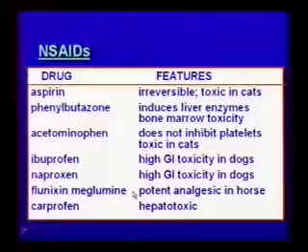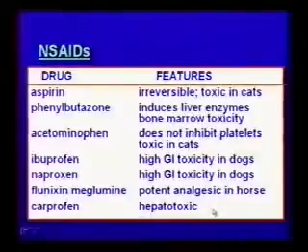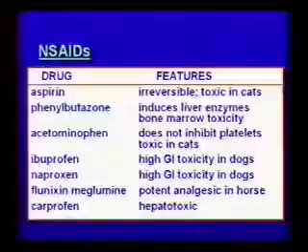Flunixin meglumine is a very popular and potent analgesic in horses. And carprofen, which is one of the newer entries into this market, is an agent that has been shown to have some hepatotoxicity in some species, particularly some breeds of dogs, where it had originally been considered to be quite a safe agent.